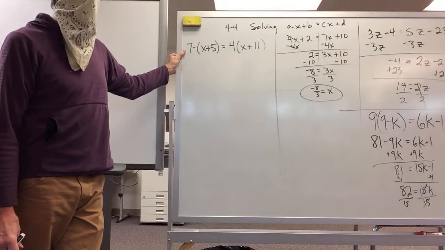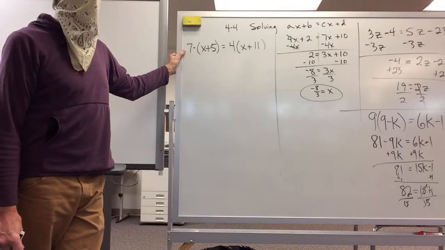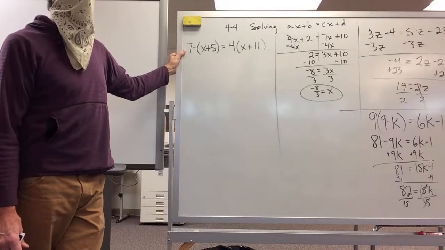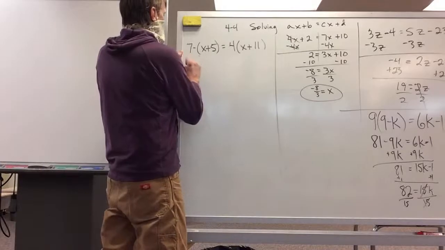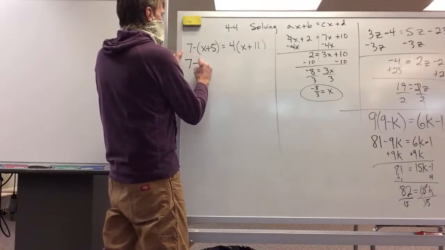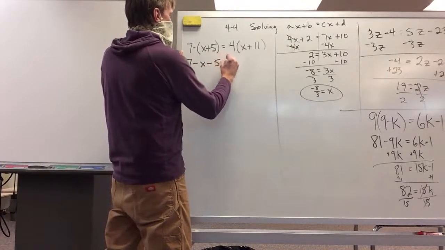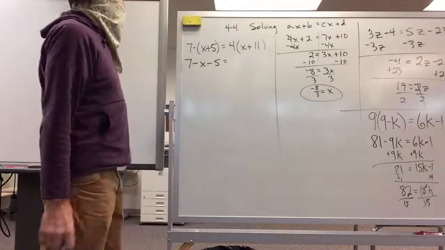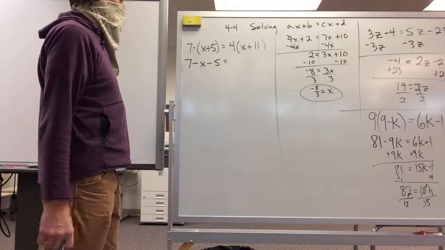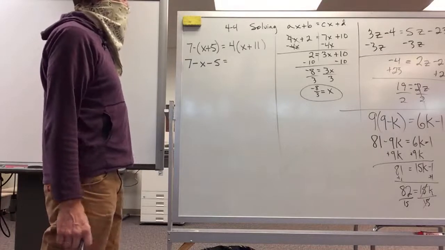Negative 7, gotta remove the parentheses, and when you have a negative in front of the parentheses, what does that do to everything inside? Makes it negative, or its opposite. So subtract x, subtract 5. Then what?